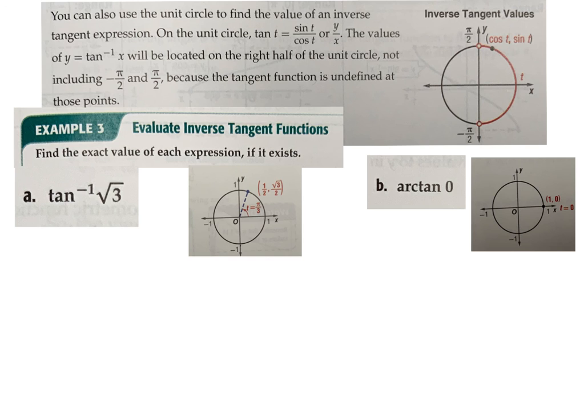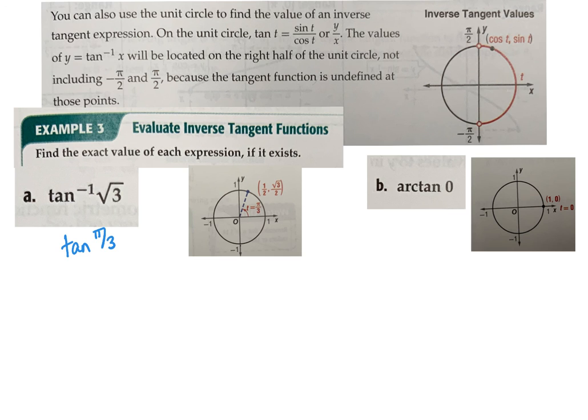So where is there a y value on the first quadrant that has a square root of 3 in the numerator? Which one has the square root of 3 over 2 as your y, is what I'm asking. Pi over 3, okay? So let's look, does pi over 3 work for this? So is the tangent of pi over 3 then just the square root of 3, okay?